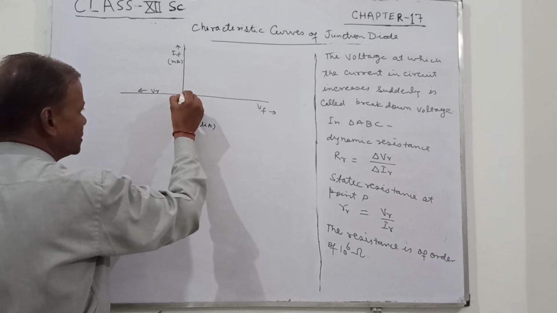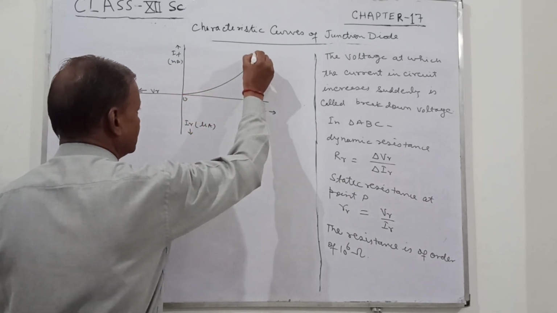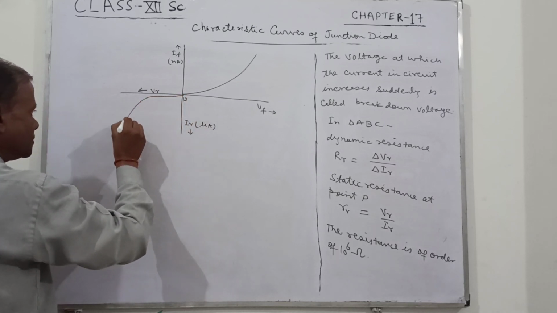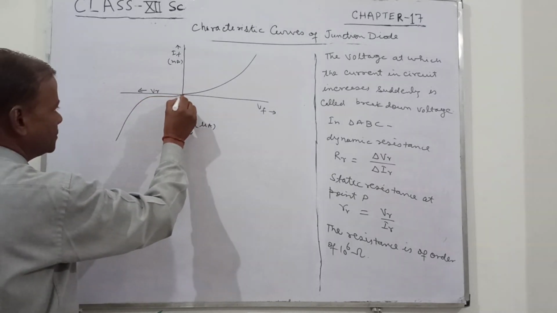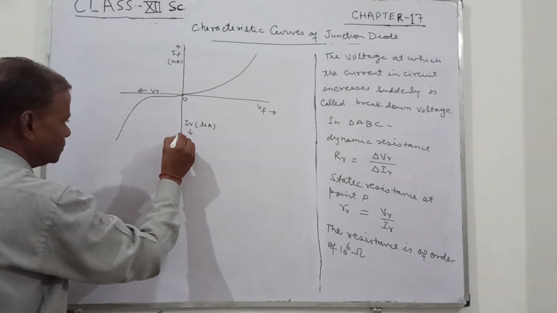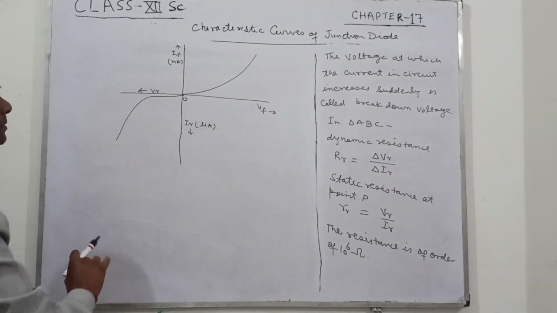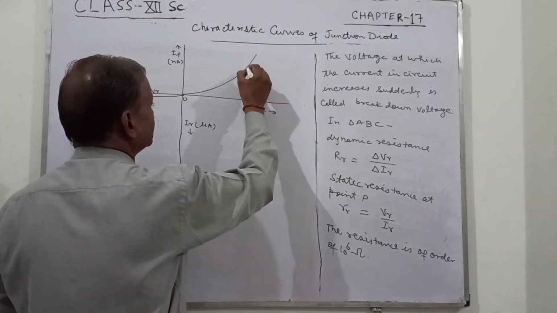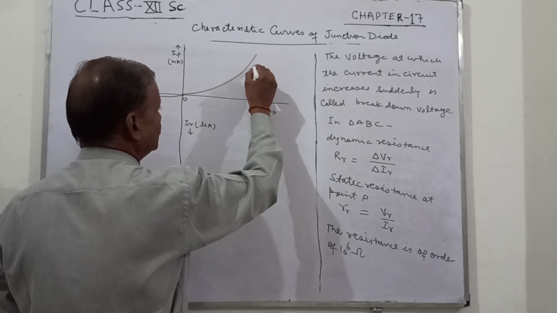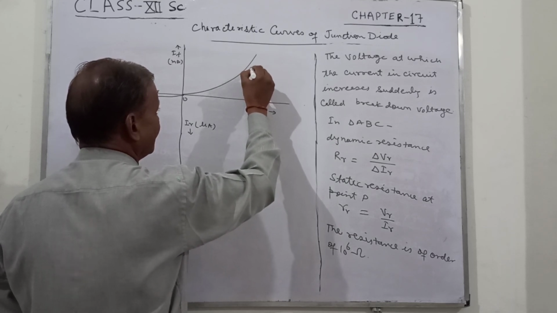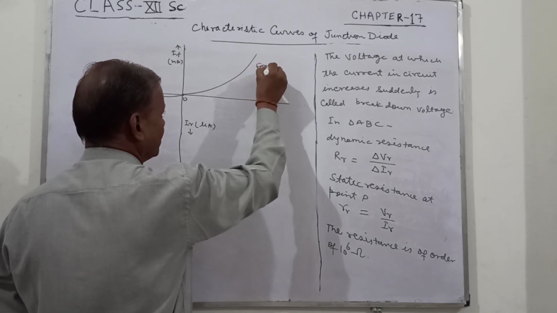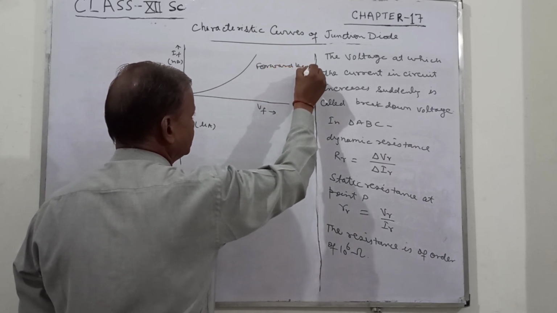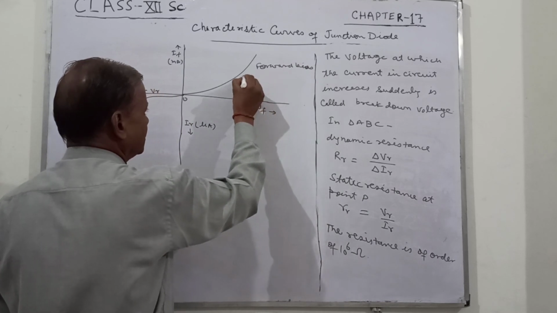Then we can draw this curve, and the second one may be drawn like this. This is the combined. This is for forward bias characteristic curve.